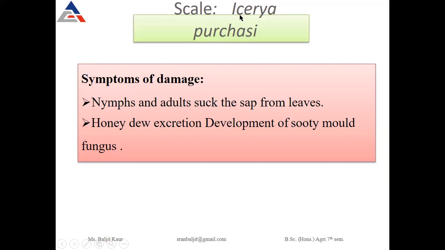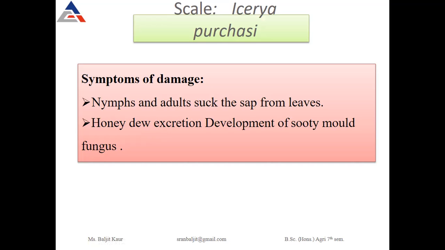So next one is scale, and the scientific name is Icerya purchasi. Adults and nymphs of this insect, that is scale, suck the sap from the leaves, and also they excrete honeydew, and there is development of sooty mold fungus on the leaves and on the branches of the plants, right?